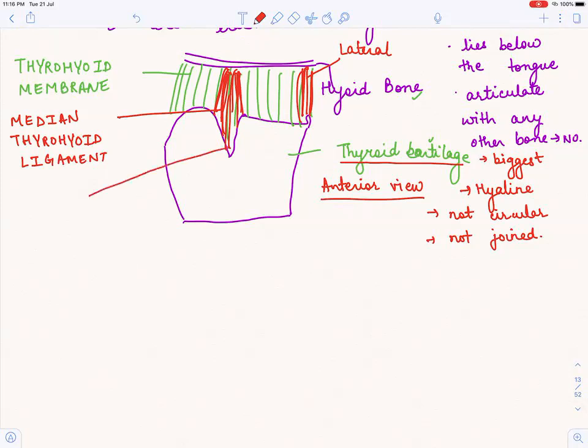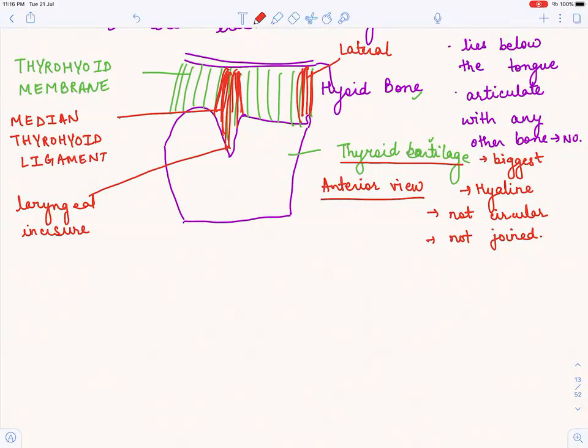Now there's a slit, which we can call the laryngeal incisure. I'll tell you about the thyroid cartilage and all the cartilages, but first I want you to understand their locations and structures, so you at least get an idea before we start.